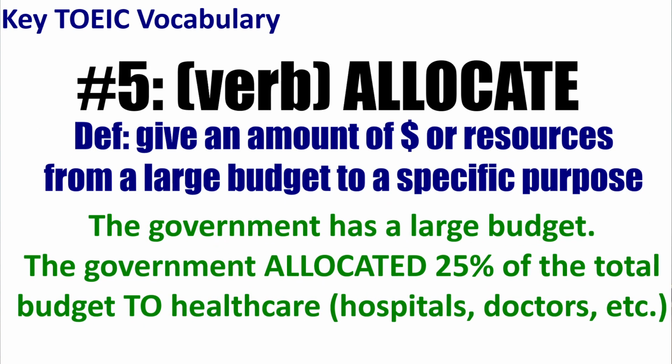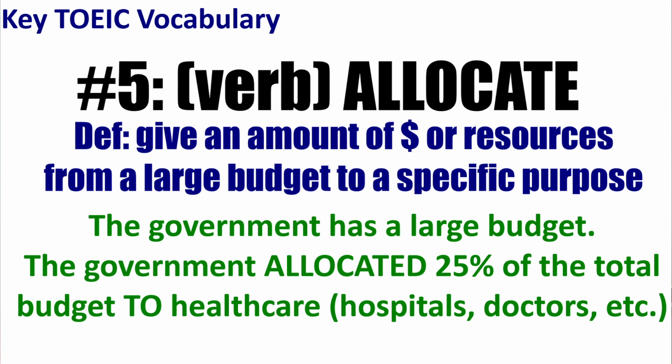The next word is allocate. To allocate resources or money is to give an amount from a large budget to a specific purpose. Let's look at an example. The government has a large budget, probably billions of dollars, but many governments allocate 25%, 30% of the total budget to healthcare. So they put that money aside.